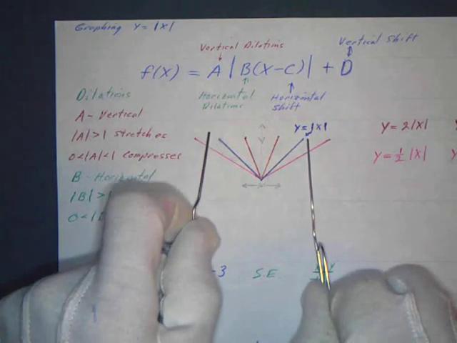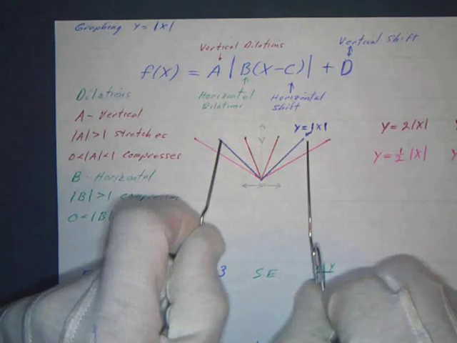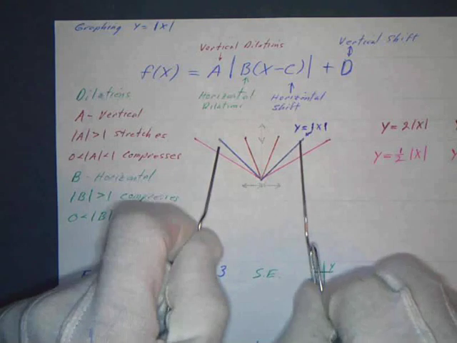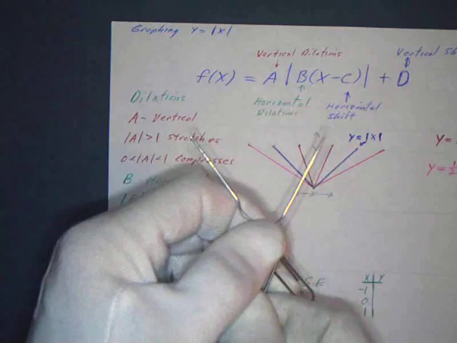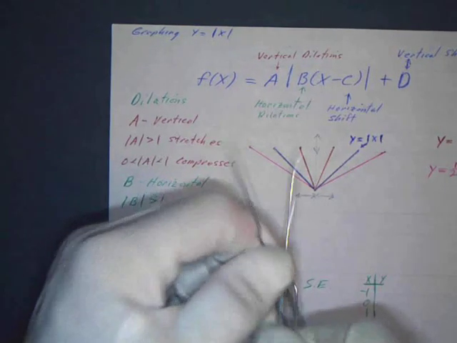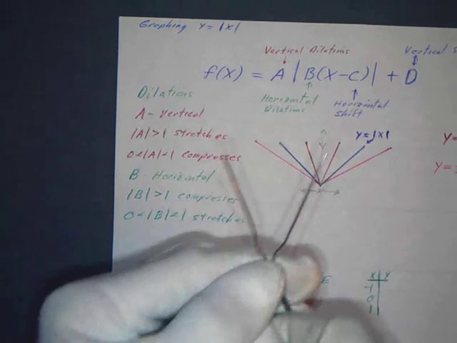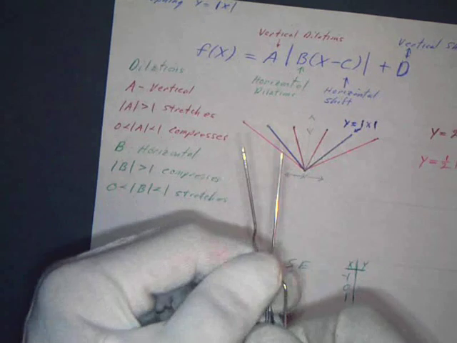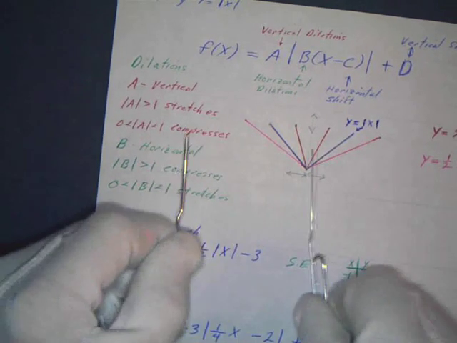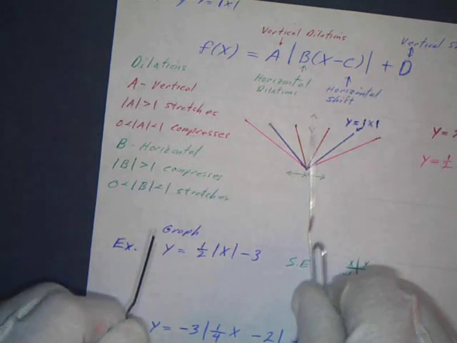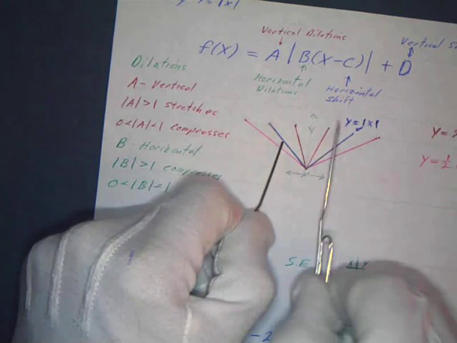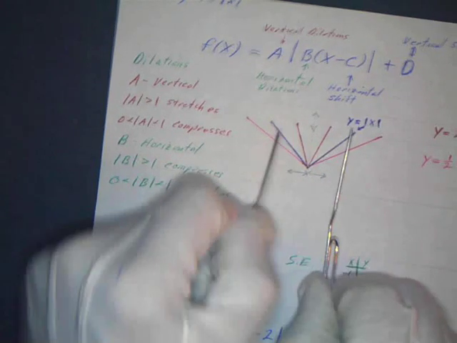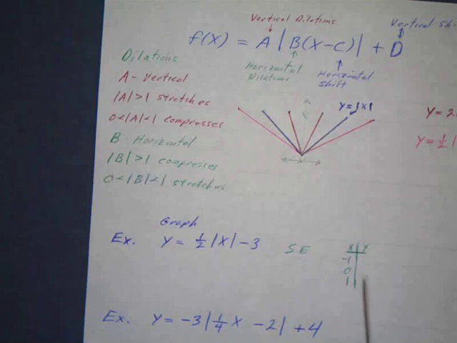I'm sorry, this is what I started out with. So this is my absolute value of x. If I push these sides in, they're going to squeeze up, like this, you see. So if you push it in, they would squeeze up. Like that. So it's the same idea. It creates the same thing as a vertical stretch. So horizontal compression does almost the same thing to this particular function as a vertical stretch.